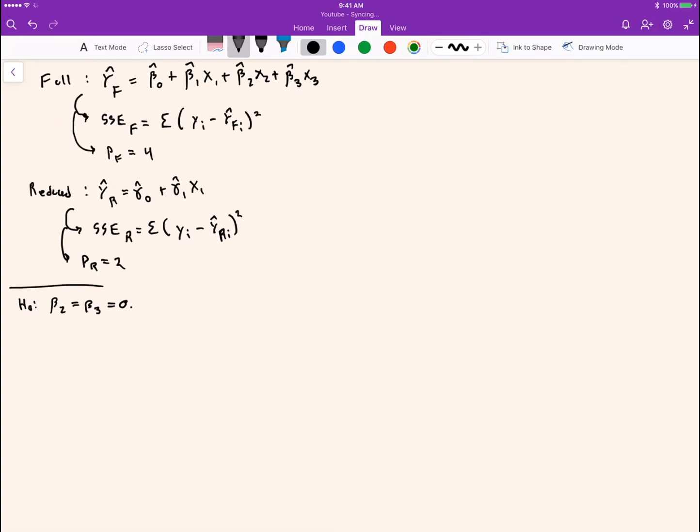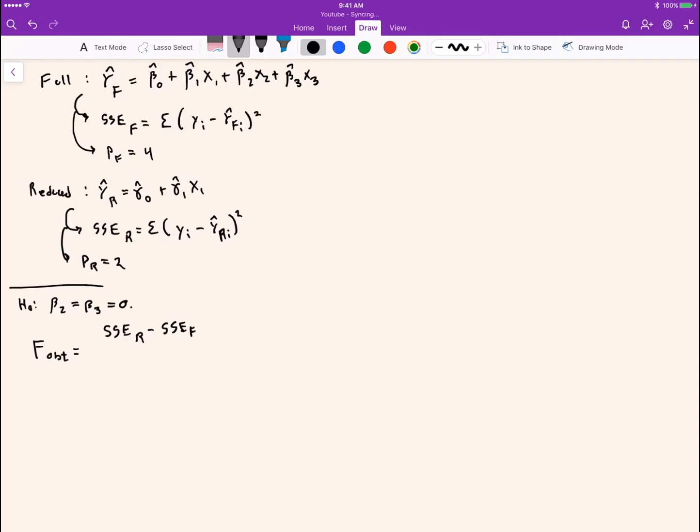So what we do to test this hypothesis is construct an obtained F statistic, where we compare the sum squared error from the reduced model against the sum squared error for the full model.